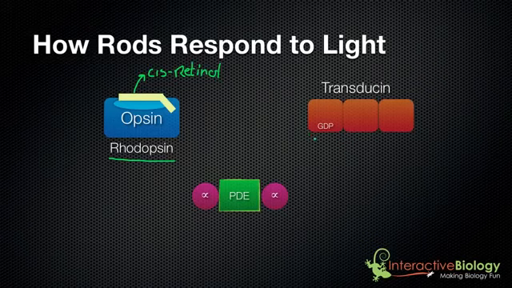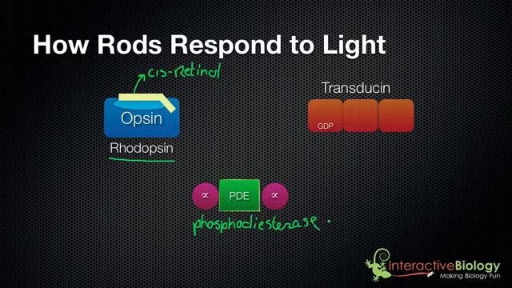Then we also have this molecule over here. It's a trimeric molecule, meaning it has three subunits, this one, this one, and this one. And this is called transducin. And then over here, we have this guy here. You see I have PDE, and that basically stands for phosphodiesterase.